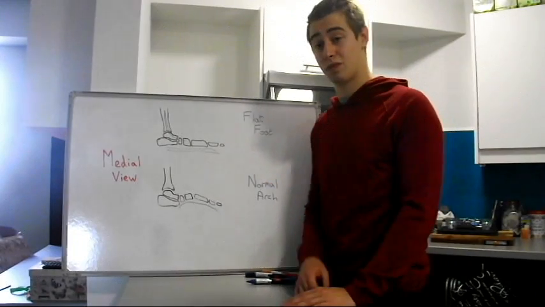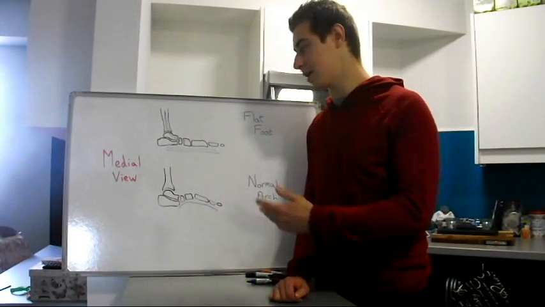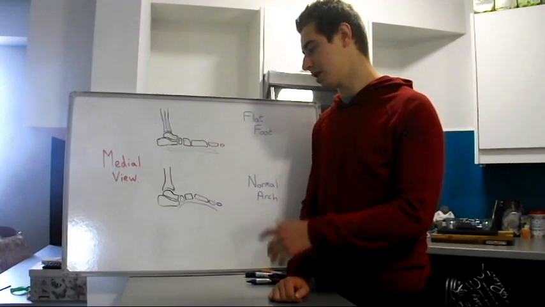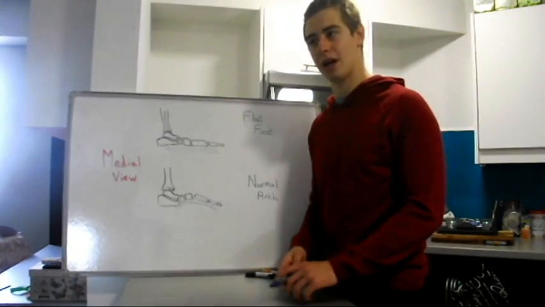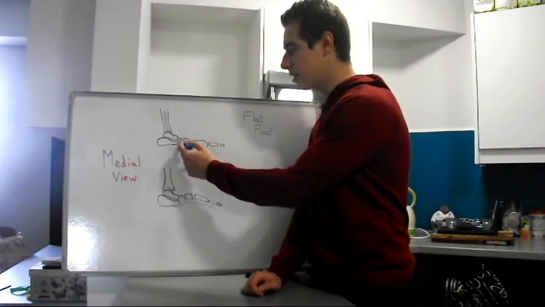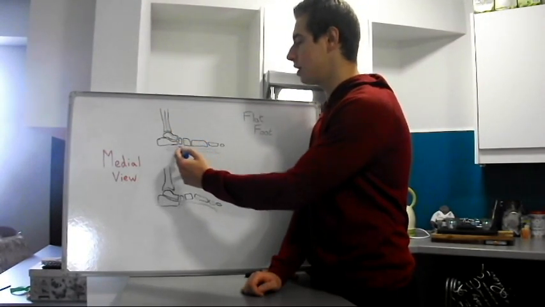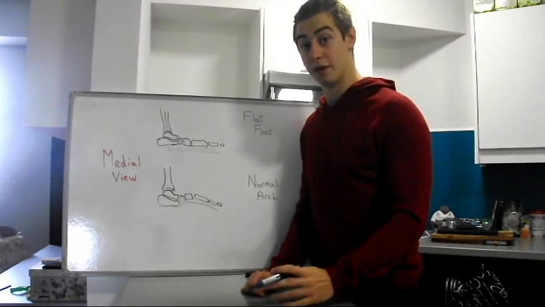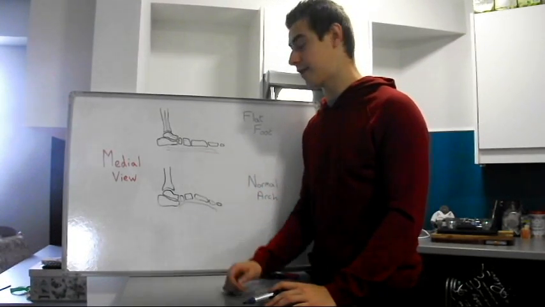Now I've addressed why we have this problem and how it can affect us. Now I'm going to give you some exercises on how we can improve this. You might be thinking, how can we improve this? Well, I've already said that these muscles and ligaments get weak over time, and that causes our flat feet.